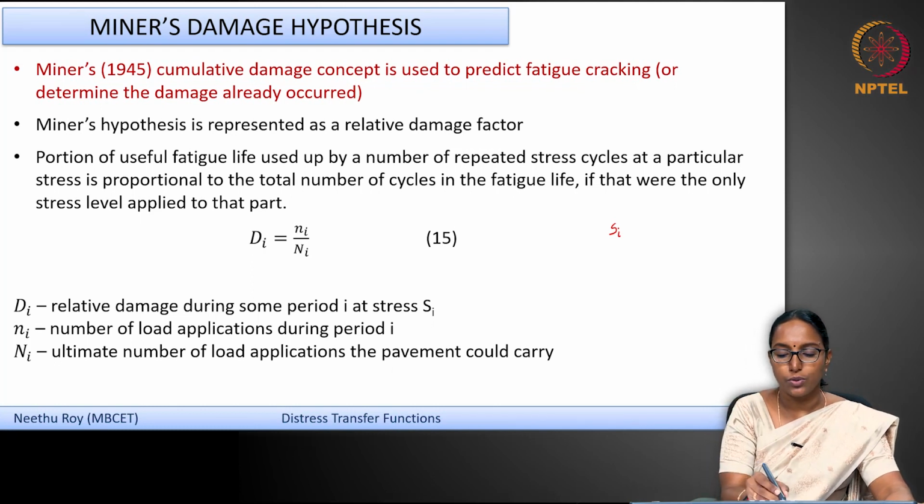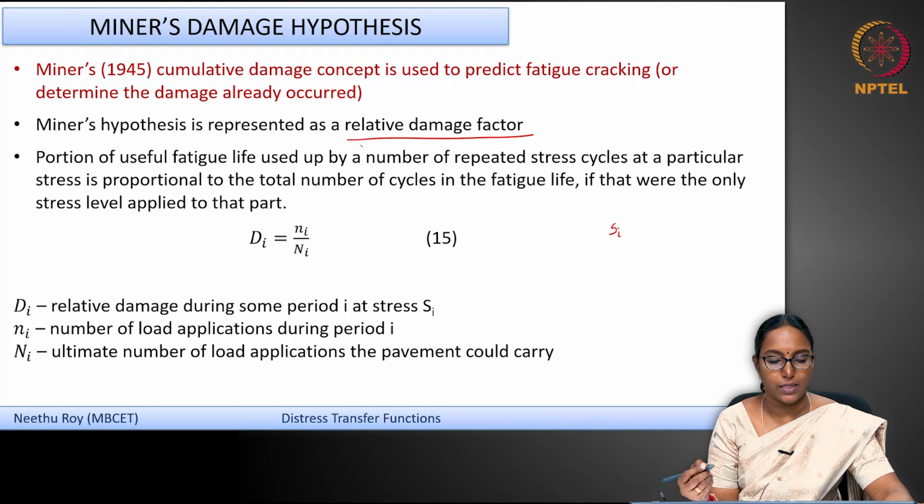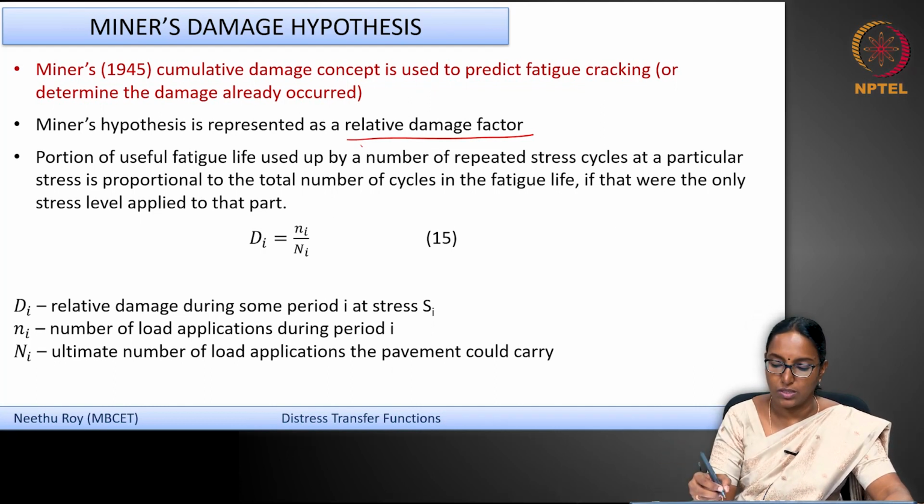It represents a relative damage factor. What it says is the portion of useful fatigue life used by a number of repetitions of load cycles or stress cycles at one particular stress level is proportional to the total number of cycles in the fatigue life if that was the only stress level applied in that pavement structure.